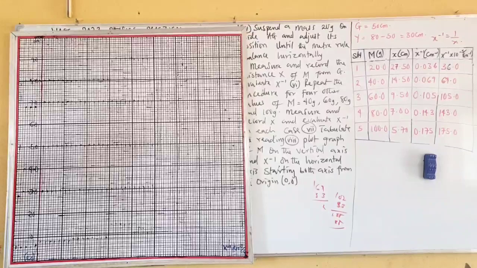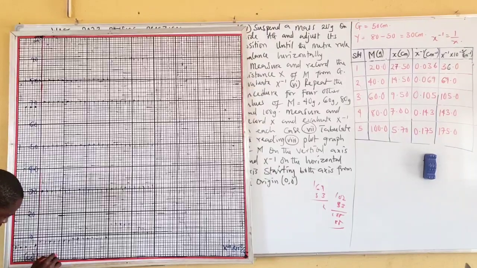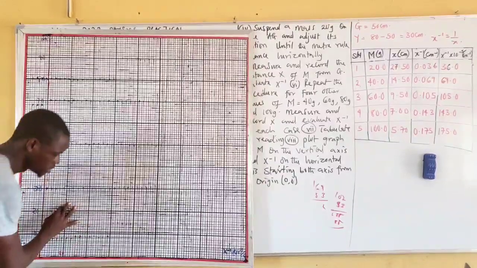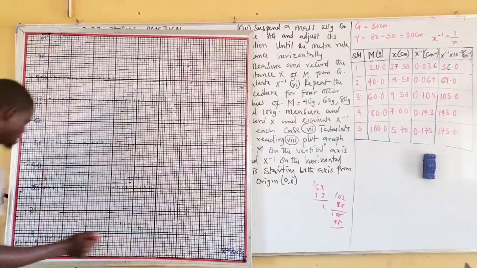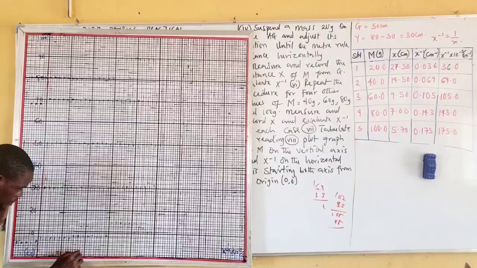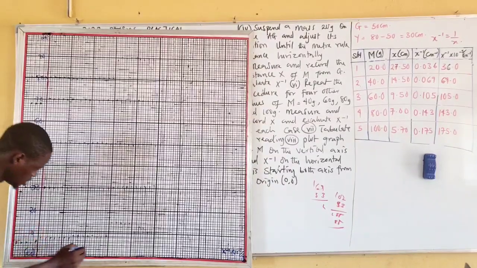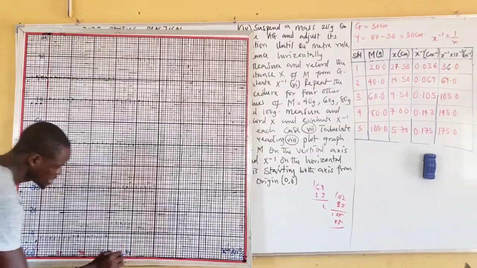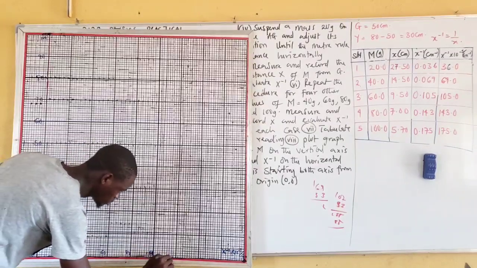I should be having the next value here. This is 0. Here should be 20. And here should be 40. Okay, let me use 40, 60, 80, 100.